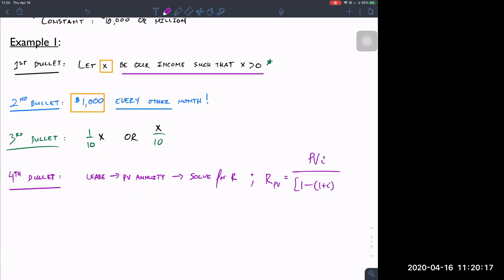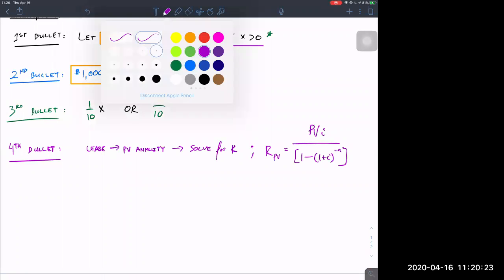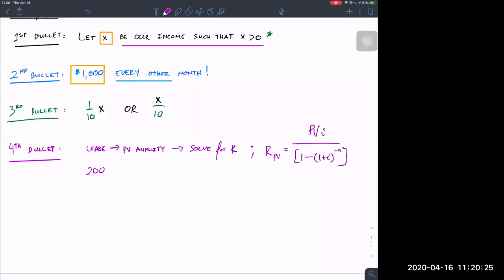Again, these formulas are not to be memorized, but if you remember them, it'll make your life a lot easier. And remember, you're not using the 200,000 here. You need only 70% of it, right? So you got to remember to multiply by 0.7 here. And that's going to be our number.